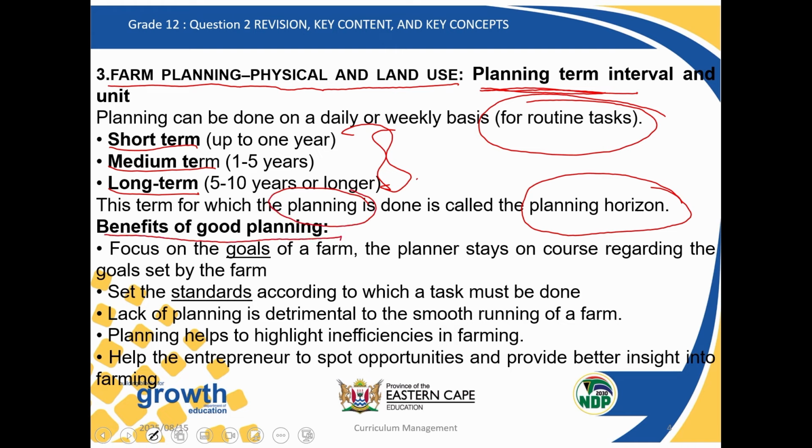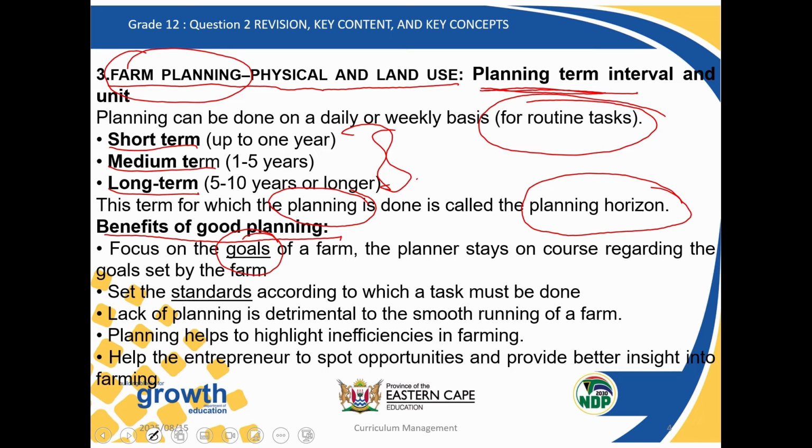So you should know what would be the disadvantage if you don't plan in that particular farm. As the farmer, you have goals. What is it that you want to achieve in the medium term to the long term? Earlier on, I talked about food security. I talked about making sure that we sustain the supply and the demand in our communities. Now, we need to have goals.